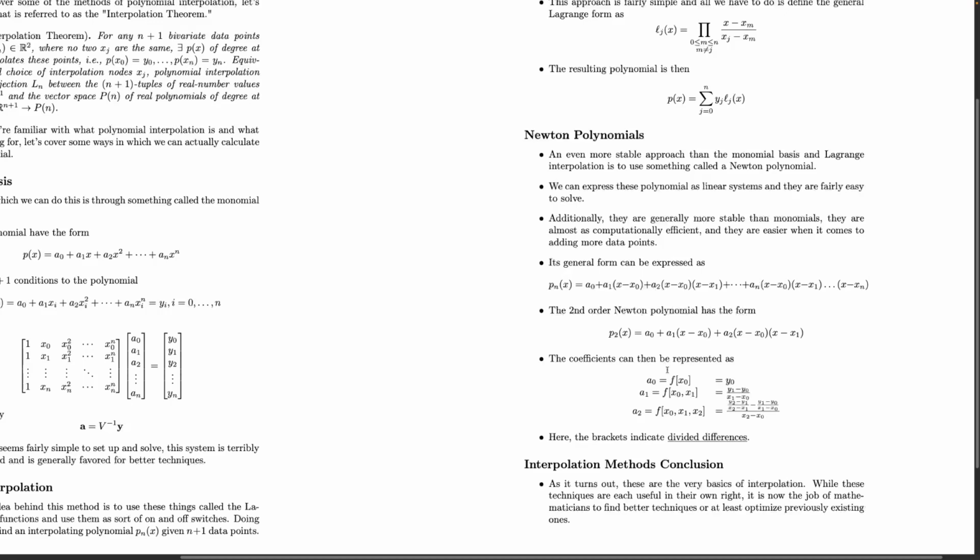So we define the coefficient a naught as f bracket x naught, which is really just y naught. And then our coefficient a1 is f bracket x naught x1. So this looks like an interval, this bracket notation, and that's y1 minus y naught over x1 minus x naught. And so you can see how these terms keep growing. So that's why we use this divided difference notation.